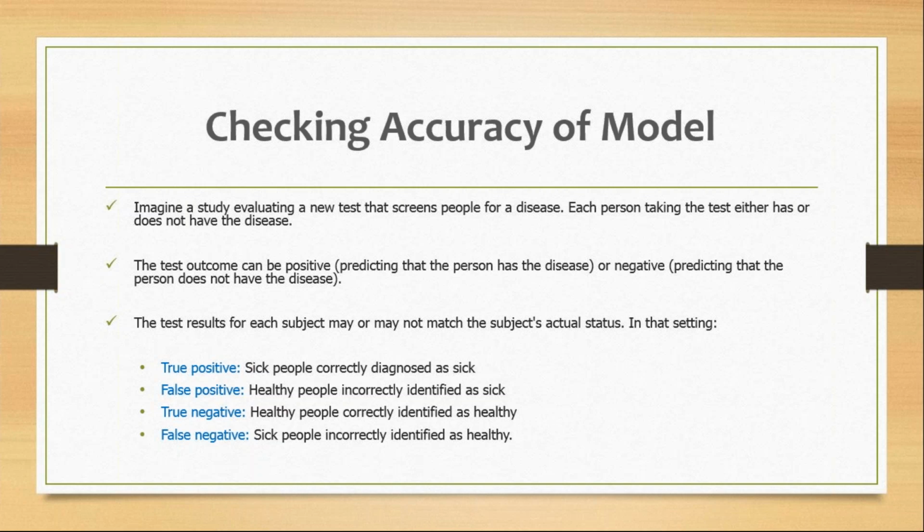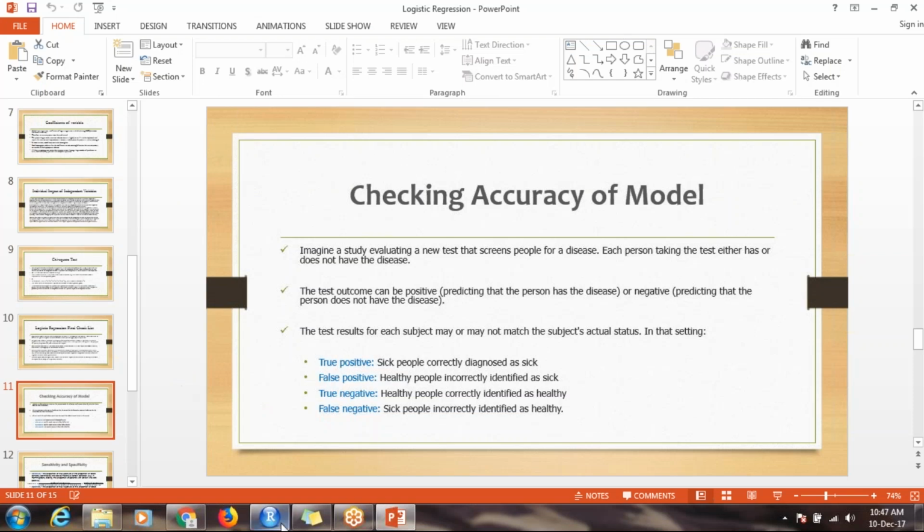My target would be to maximize true positives and true negatives, and minimize false positives and false negatives. For a model, if I'm getting maximum values for true positive and true negative, then that will be a good model.